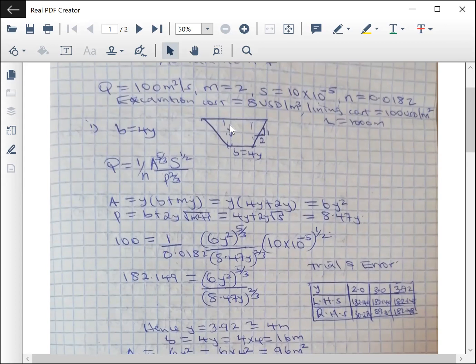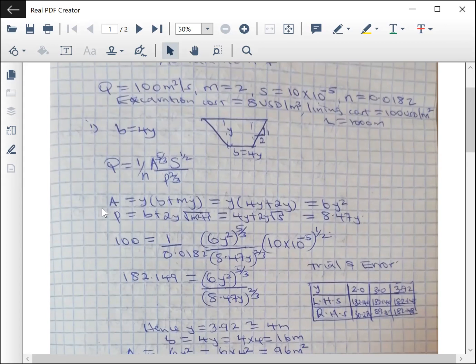Now from this diagram here, area is Y into B plus MY, which is equivalent to Y into, instead of B, we put there 4y. So Y into 4y plus MY. Remember our M is 2, then we have 6y squared. So our area is 6y squared.